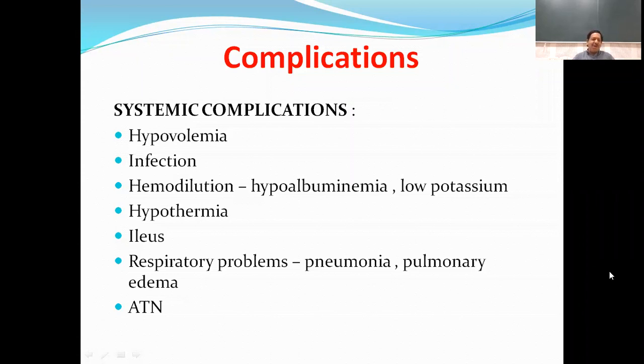Hemodilution, hypoalbuminemia occurs. Low potassium, hypothermia can occur. Ileus, paralytic ileus can occur. That is one reason why previously they thought enteral nutrition is not advisable. But now the recent concept is that you allow oral feeds.